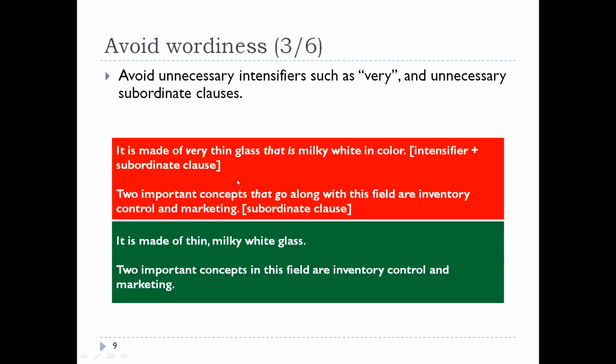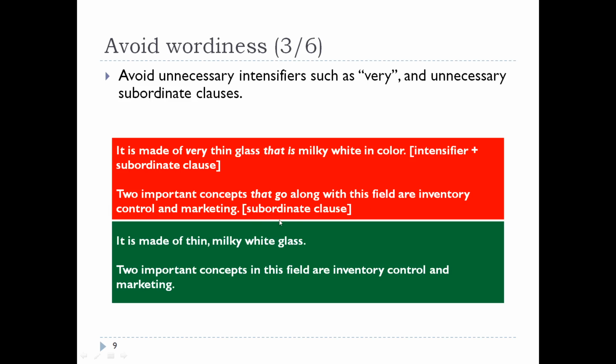Here, with "it is made of very thin glass that is milky white in color", you might think that the glass is milky white because it is very thin. In any case, this subordinate clause is unnecessary, so you should avoid it. Here's another example of an unnecessary subordinate clause.